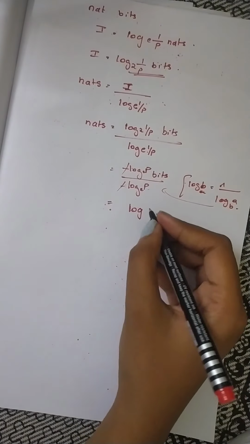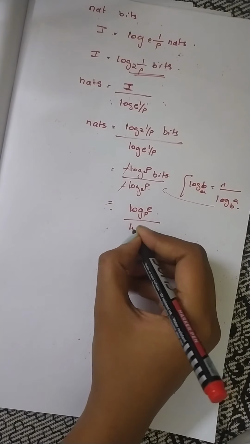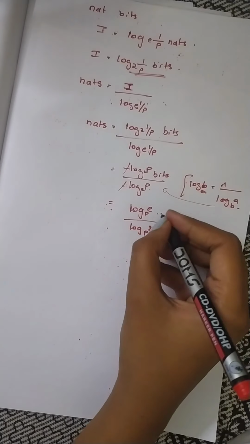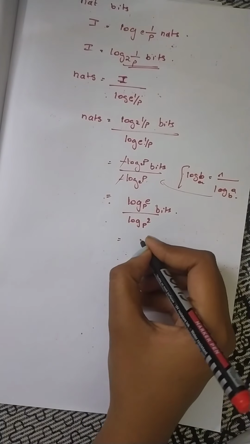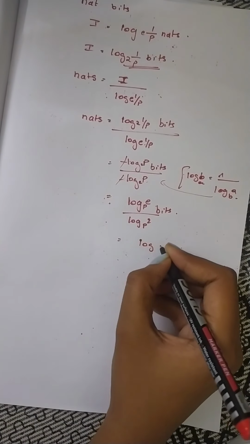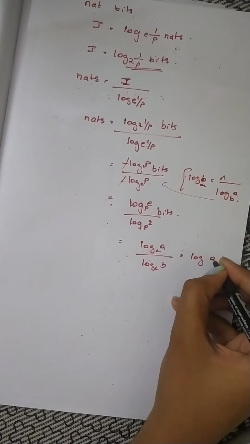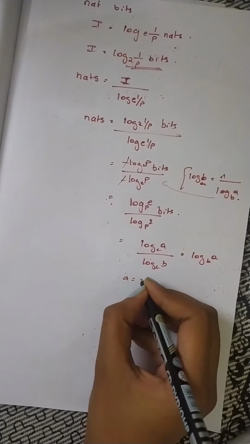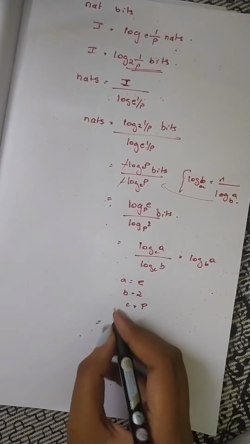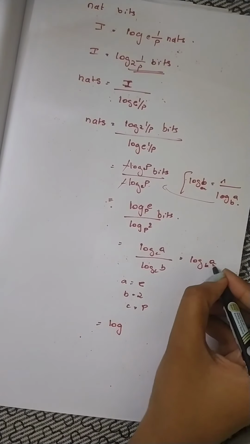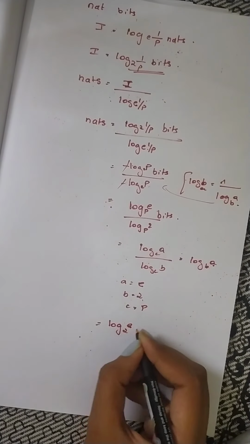Substitute for these two and you will end up with log e to the base P divided by log 2 to the base P, bits. Again using the formula log a to the base c divided by log b to the base c is equal to log a to the base b, here a is nothing but e, b is nothing but 2, c is nothing but P. Substitute, that is log e to the base 2 bits.